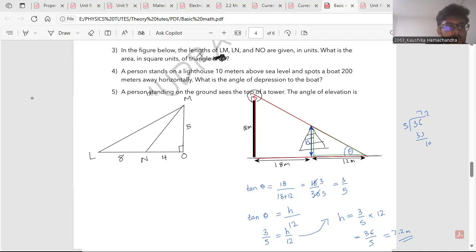Area of the triangle LNM. Right? The area of the LNM triangle.